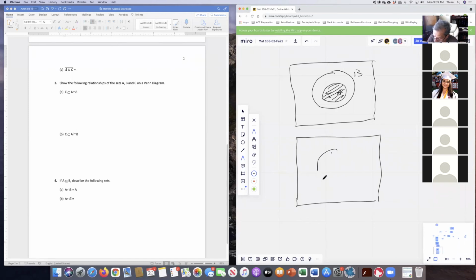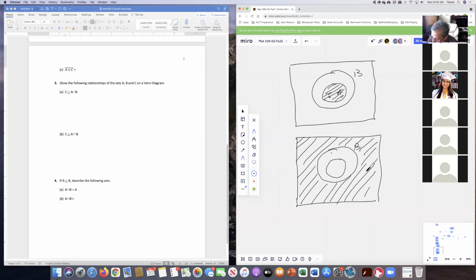So here is B. A is still a subset of B, so A is entirely inside B. B prime is this. B prime means outside of B, right? A intersection B prime is the question. That is the same as the common area between A and B prime.